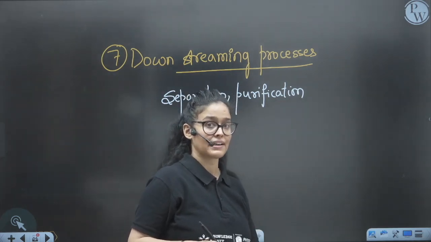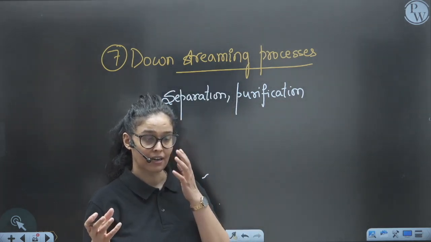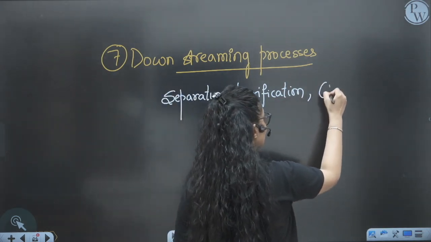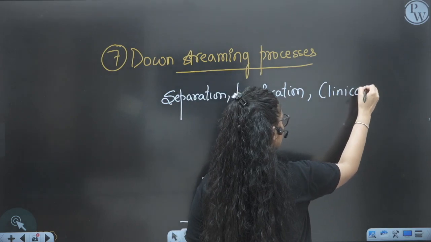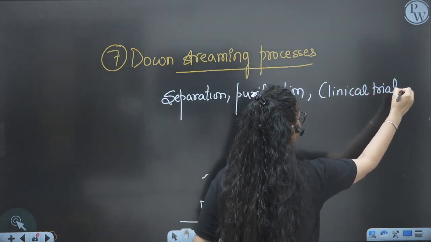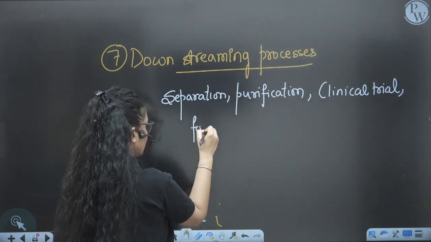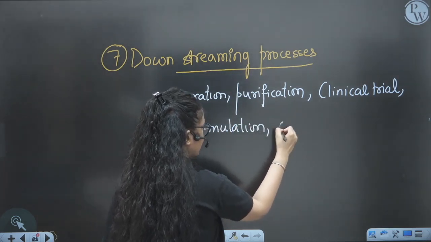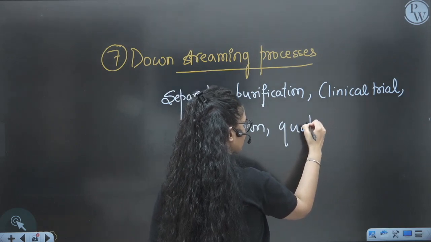After that, if we are producing a drug, it will undergo many clinical trials. We will do the formulation, and after all these things, we do the quality check for different products.